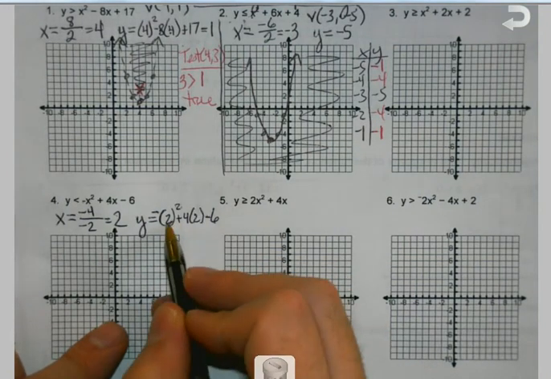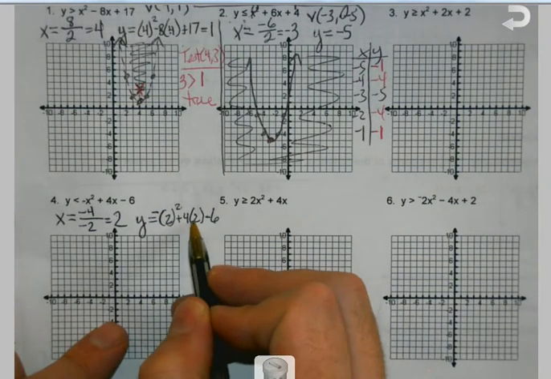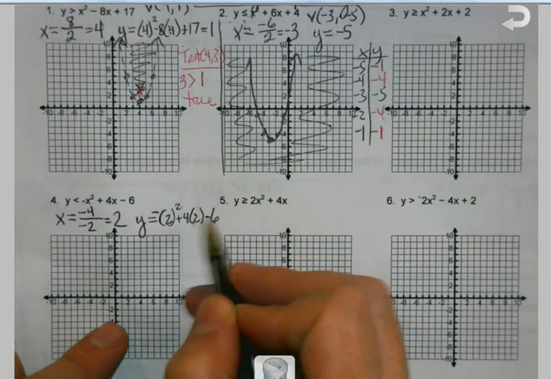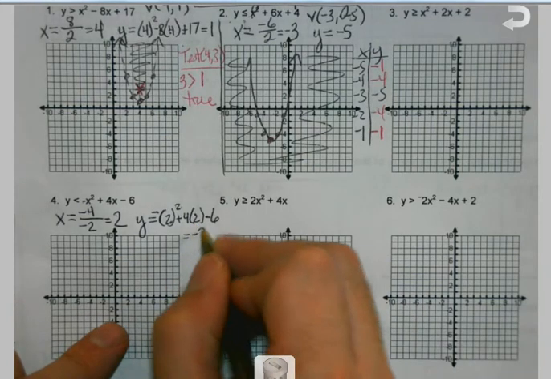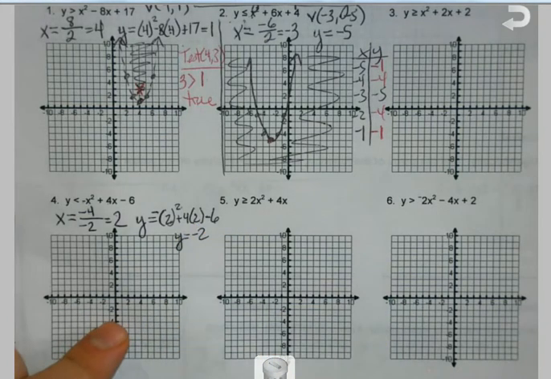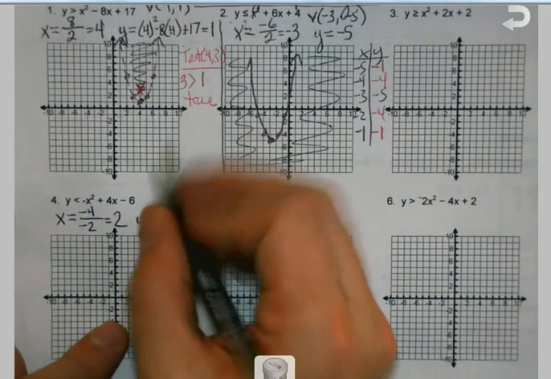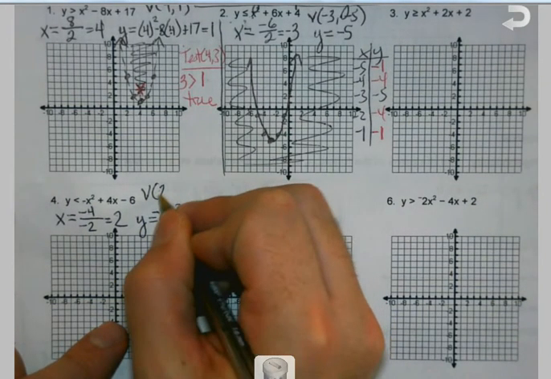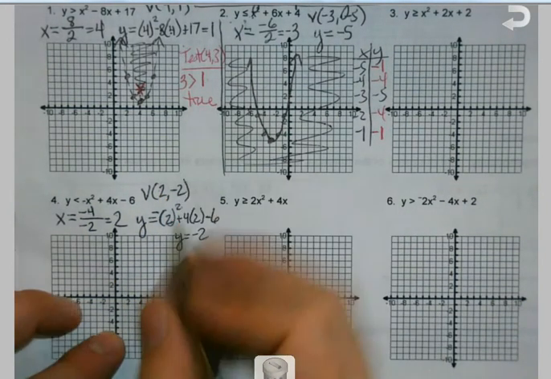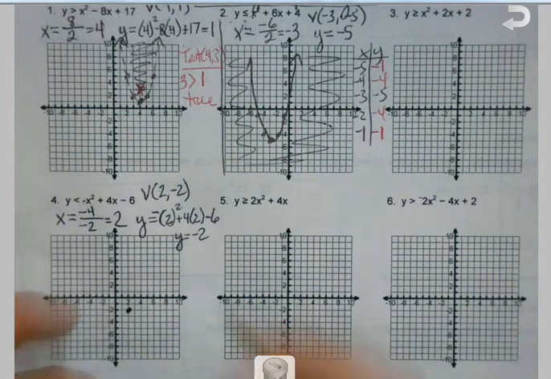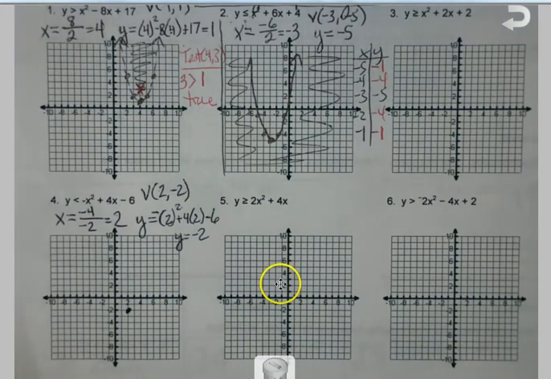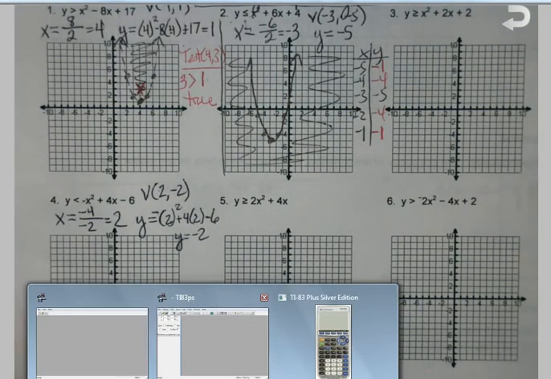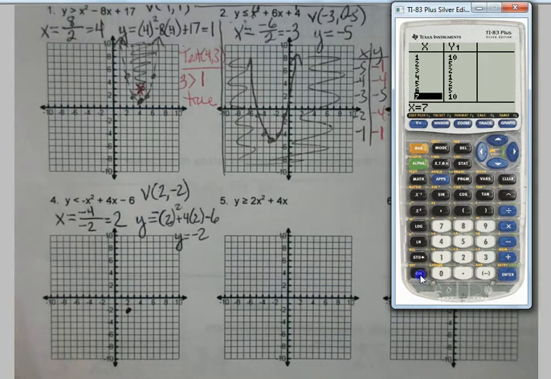So negative 4 plus 8 would be positive 4 minus 6 means my y value is negative 2. So my vertex is at 2, negative 2. And again, if I've got the calculator, the nice thing is I can double check and make sure I'm not doing anything silly.